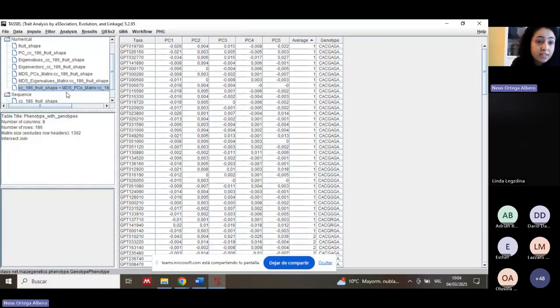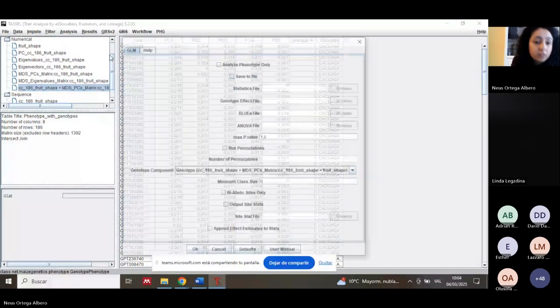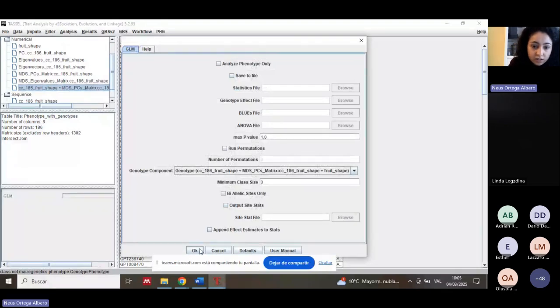Okay, so we select this combined database, where we combine all the information, we go to analysis, and now we do the GLM. Just say okay.